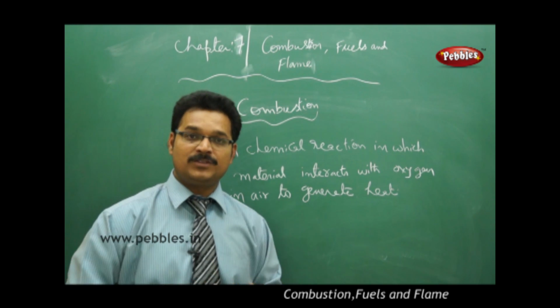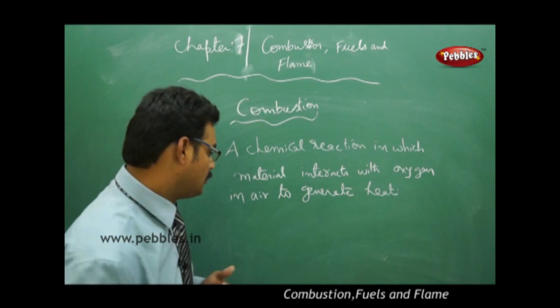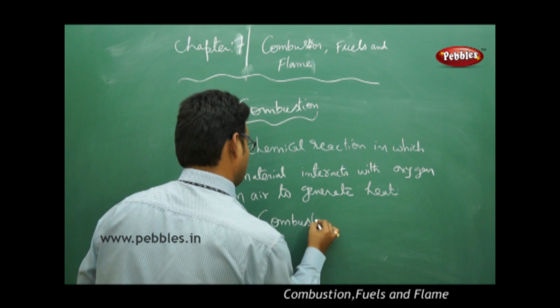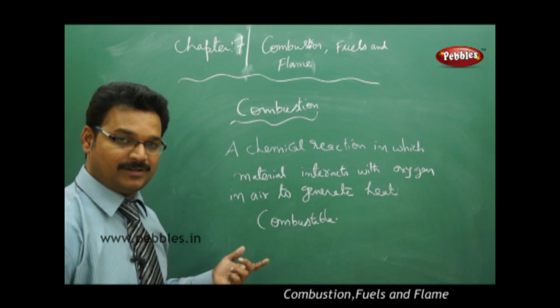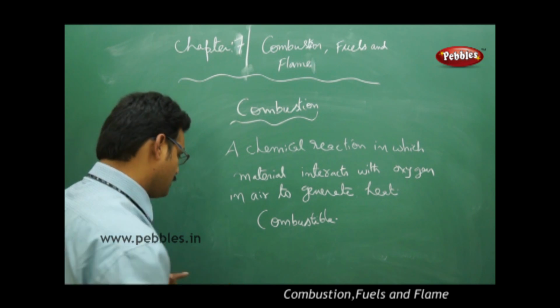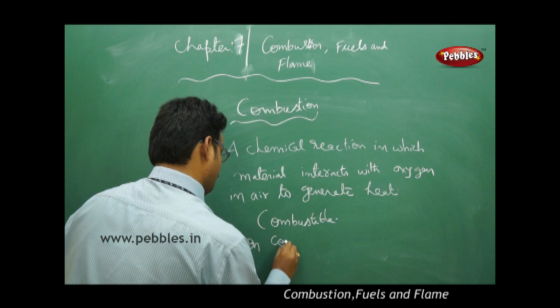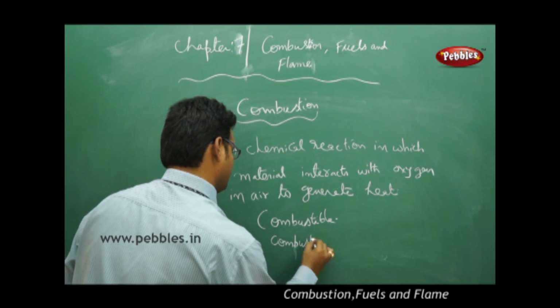Oxygen is required for the combustion process. So the materials which are favorable for burning or combustion are called combustible materials. The materials which are not favorable are called non-combustibles.